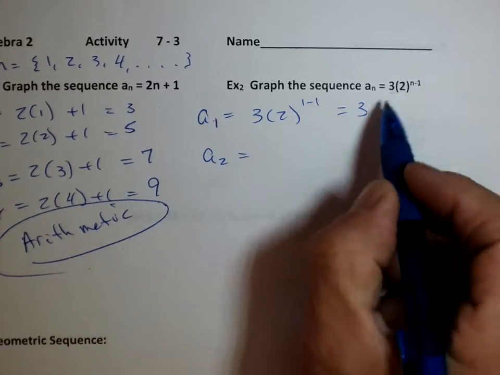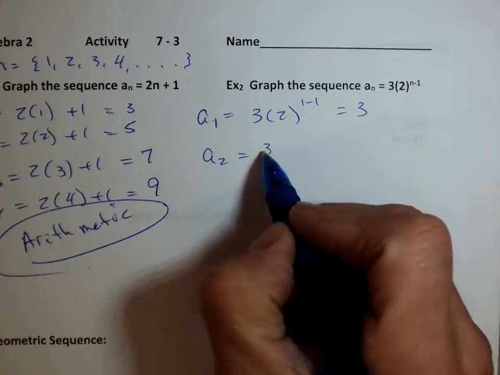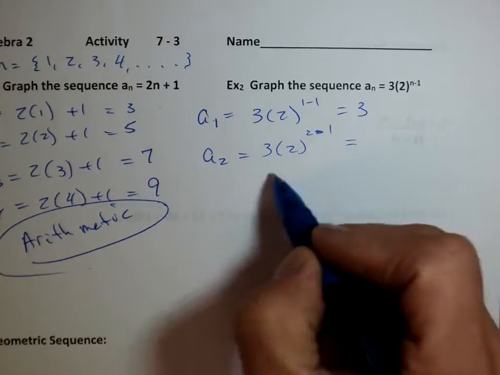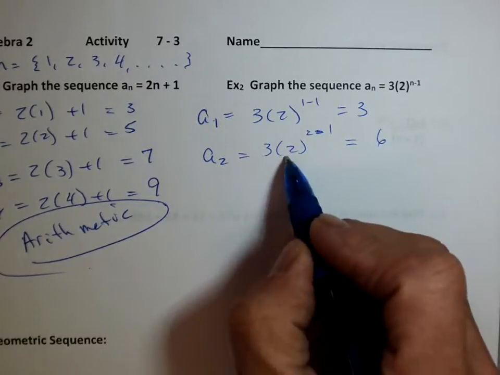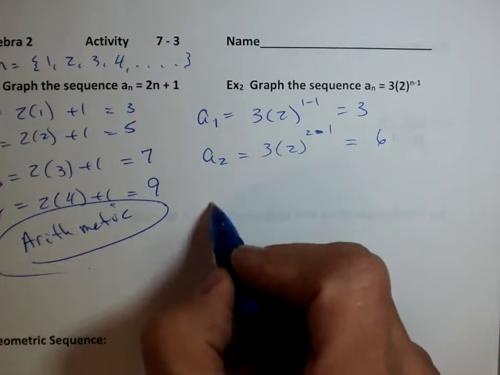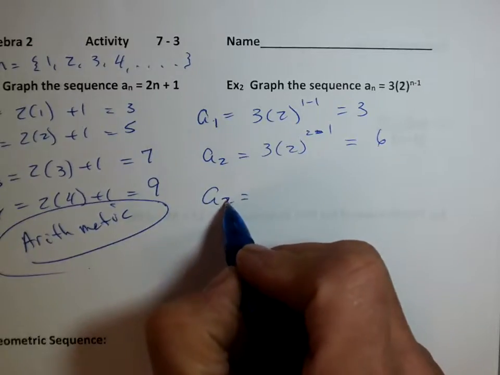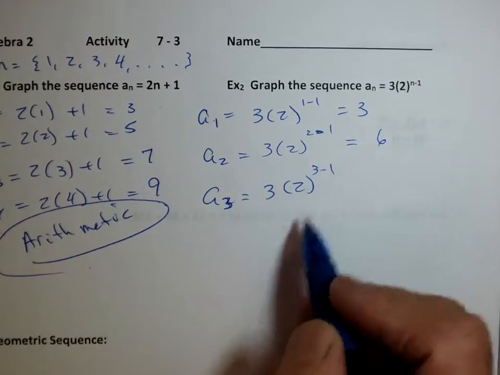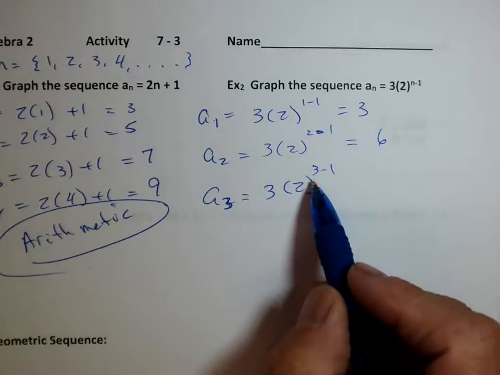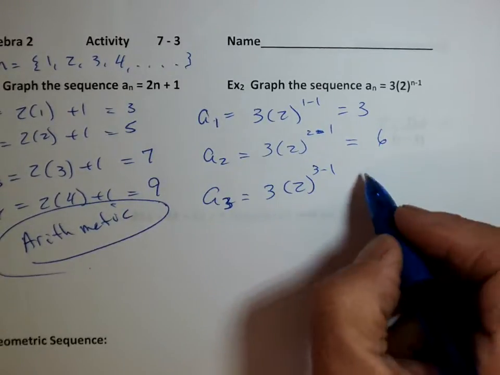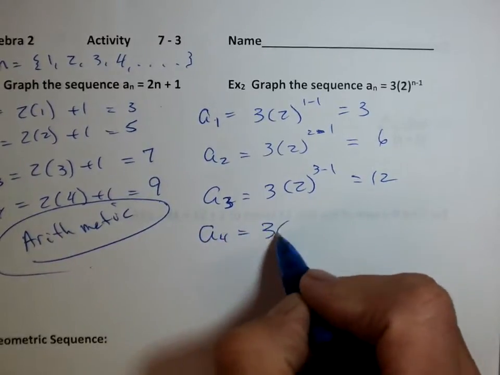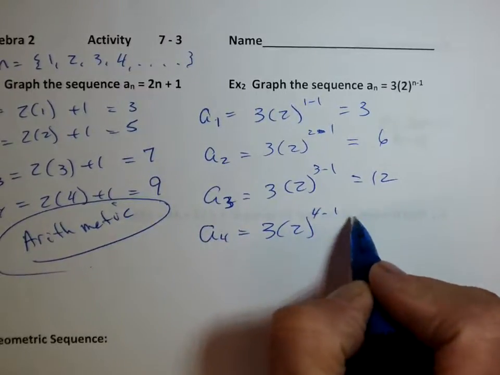a2, I'm going to plug 2 in for n. 3 times 2 to the 2 minus 1 power, which is going to be 6, because I get 2 to the 1 power times 3. a3, sorry, my bad. a3 is 3 times 2 to the 3 minus 1 power, which is 2 squared, which is 4 times 3, which is 12. a4 is 3 times 2 to the 4 minus 1 power.